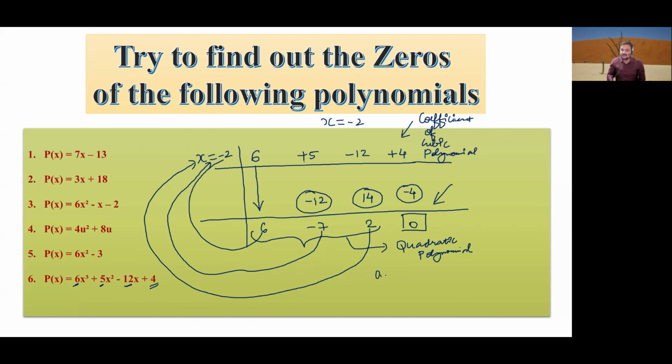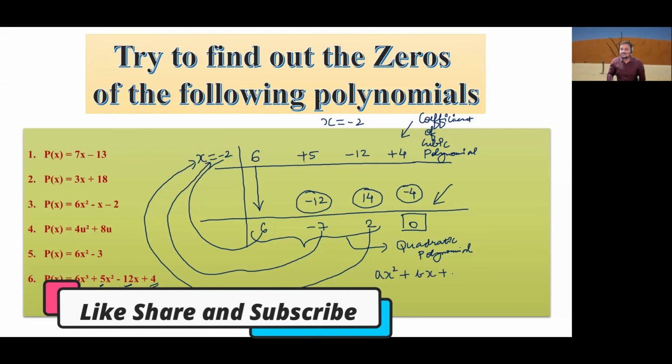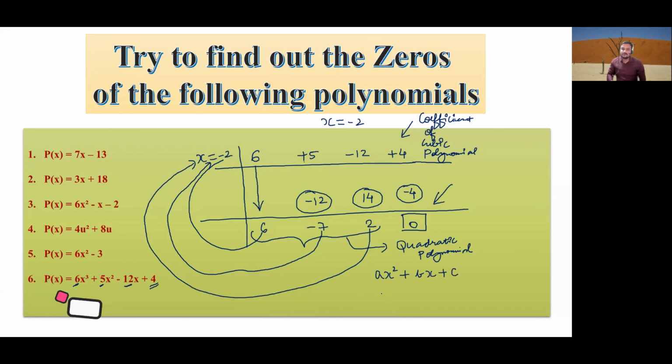What is our general form? ax square plus bx plus c is our general form of quadratic polynomial. तो यहाँ पे a का वैल्यू क्या है? It is 6. यहाँ पे b का वैल्यू क्या है? It is -7. और c का वैल्यू क्या है? It is +2. So what will be the polynomial formed? It will be 6x square minus 7x plus 2.